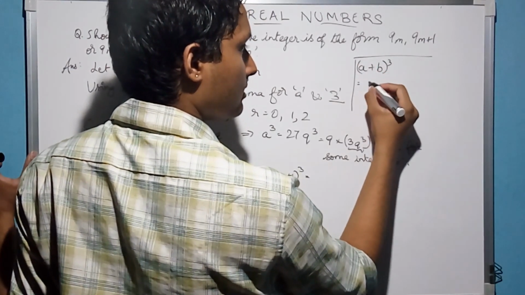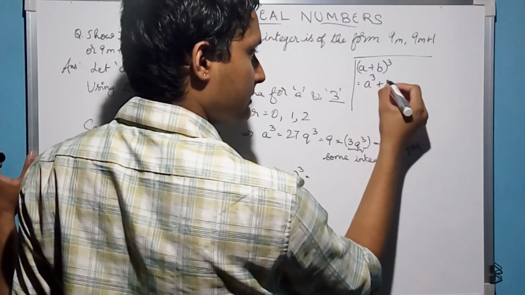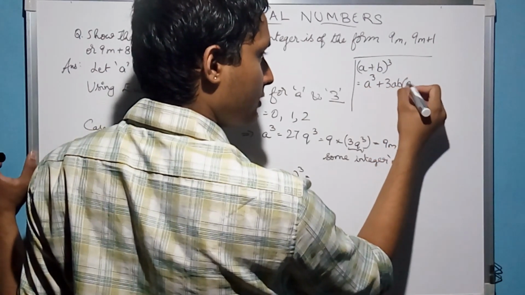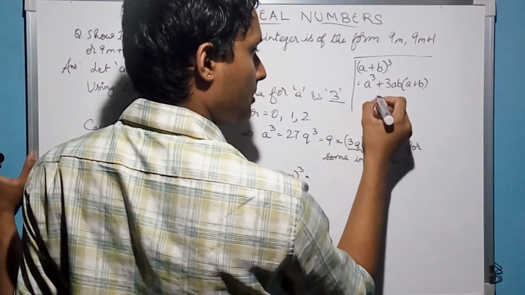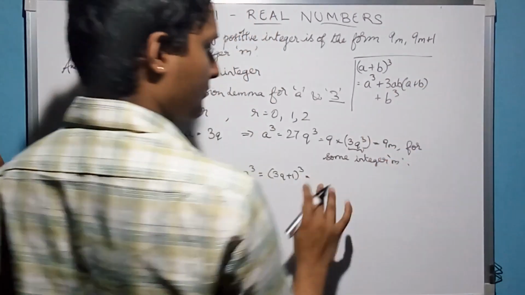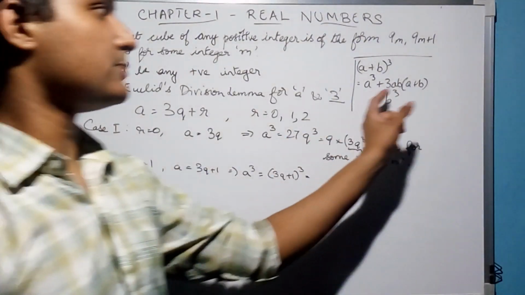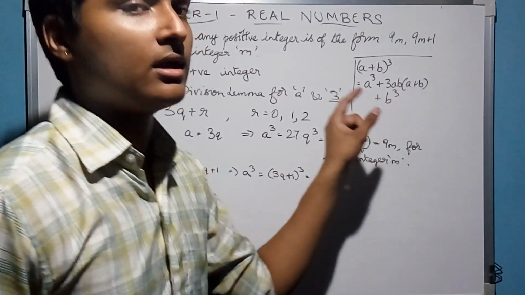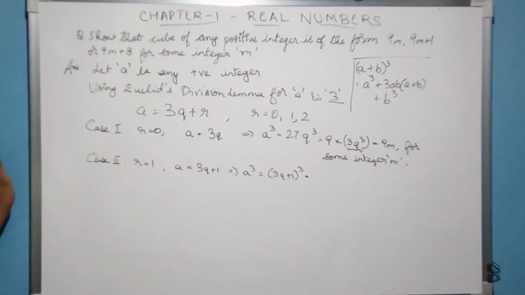needs to be a cube plus 3ab into (a plus b) plus b cube. For me this form is enough for this question. Otherwise you need to use the expanded form where 3a square b plus 3ab square comes up.